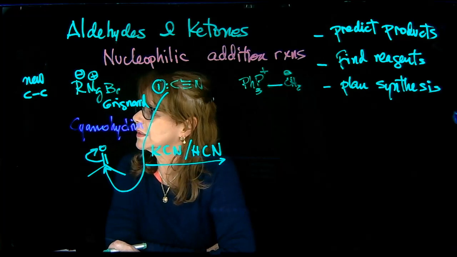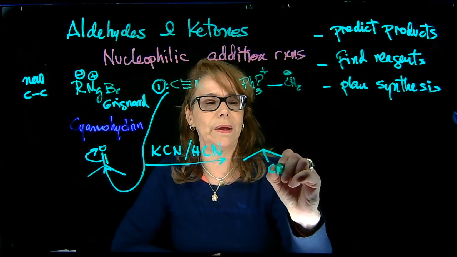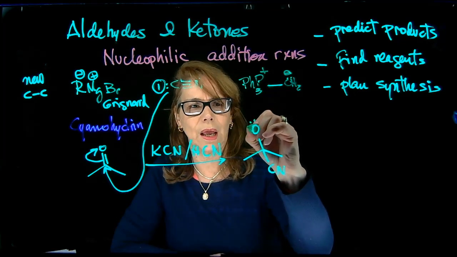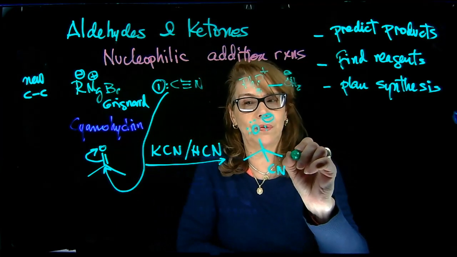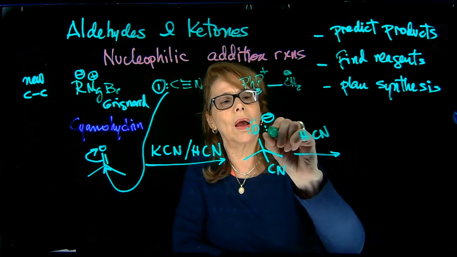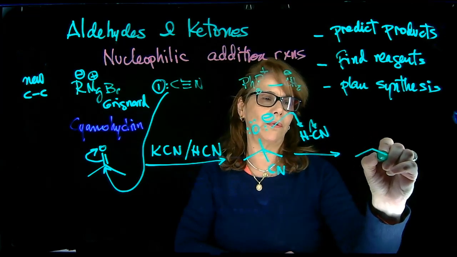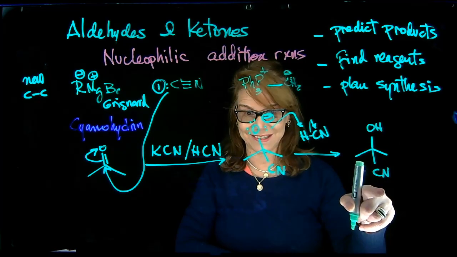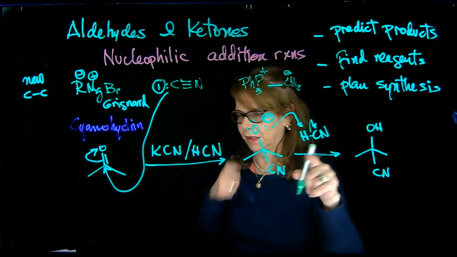So when I have that, I'm going to form the following: CN and O negative here. That is symmetrical, correct? After proton transfer, HCN is typically used to protonate, and we form the cyanohydrin because you have the cyano group and the OH. So cyanohydrin is that.